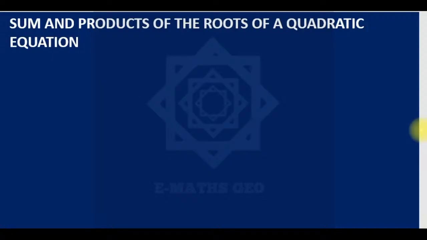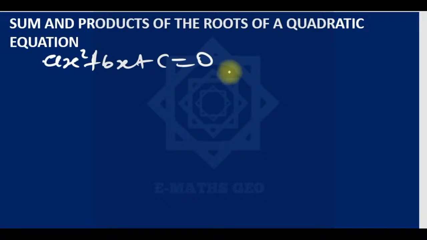A quadratic equation is of this form: ax squared plus bx plus c equal to 0. If we solve for x by the quadratic formula, we have something like this.